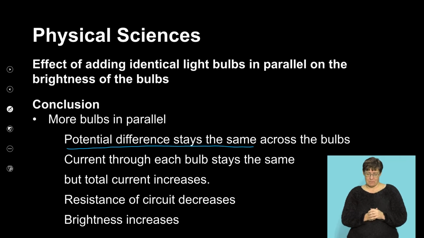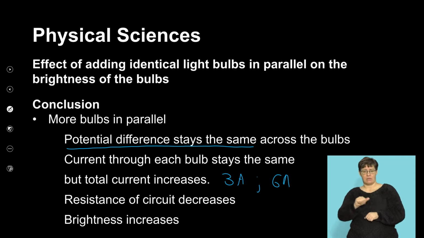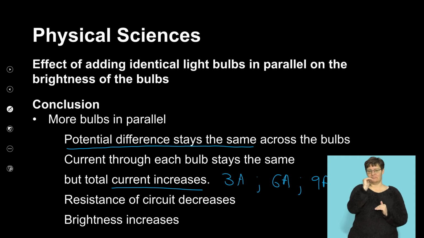So that's a fact. The current through each bulb stays the same, but the total current increased. So we saw that initially we had 3 amperes. And then after that, the reading of the total current was 6 amperes. And then after the third identical light bulb, we had a current of 9 amperes, right? So indeed, there was an increase in current.